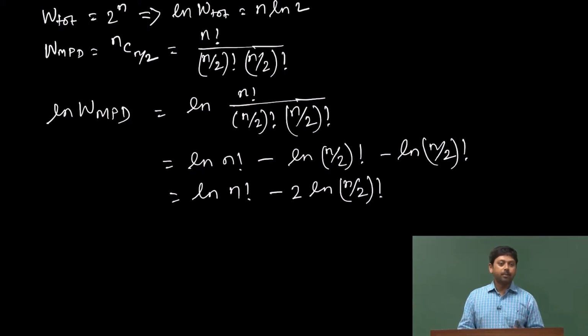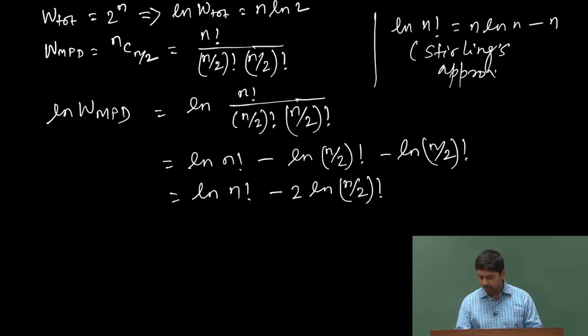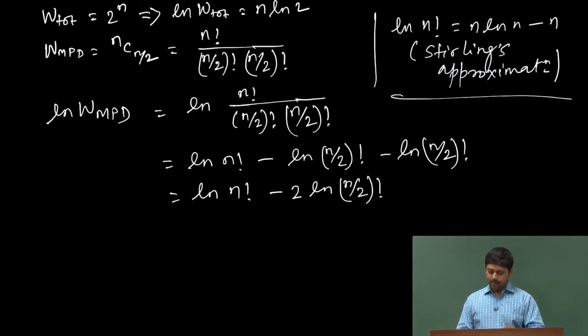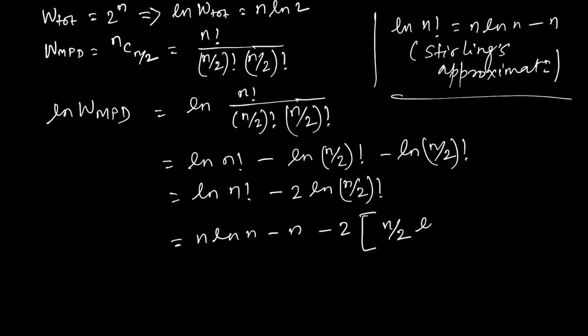Now, again we are talking about large n, because it is not equal for small values of n, and therefore you can use Stirling's approximation. I will remind you Stirling's approximation is ln n factorial is n ln n minus n, as you have seen in my Mathematica file that they are actually the same. So, now let us see. This is n ln n minus n minus 2 times (n by 2 ln (n by 2) minus n by 2).